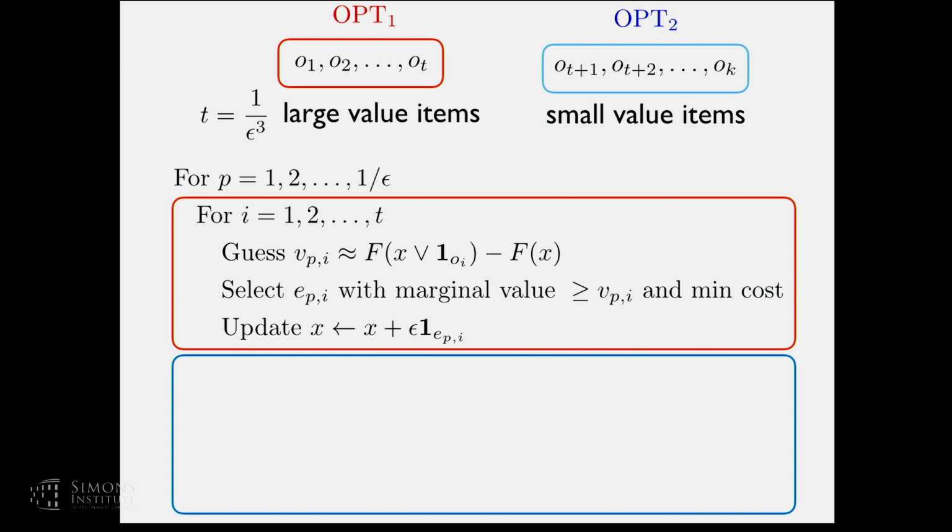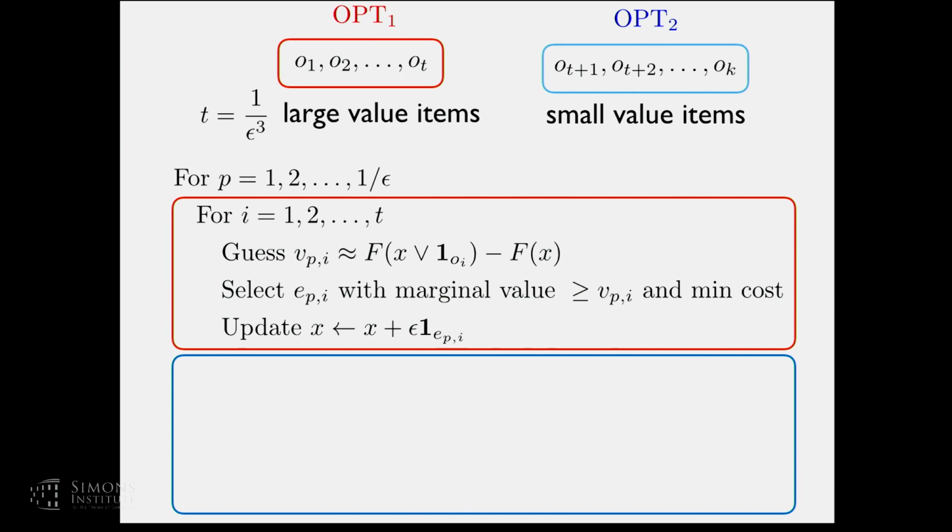This is the marginal gain of that item on top of the fractional solution, and we'll guess that value, appropriately discretized. Let's not worry about that. Once we have this guess, we look at all of the elements whose marginal value on top of the current solution exceeds that, and among those, we pick the one of minimum cost.